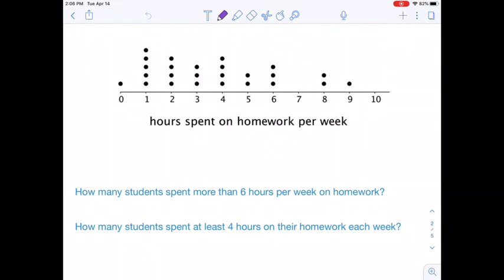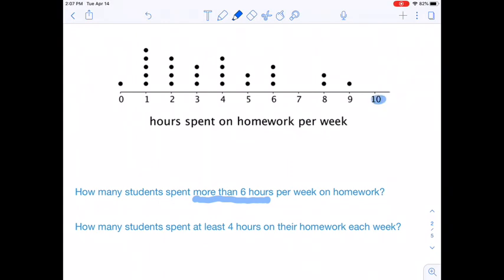Okay, let's think for a second of what more than 6 means. Do I include 6 or not? Is 6 more than 6? Let's think about this for a second. This says more than 6 hours.